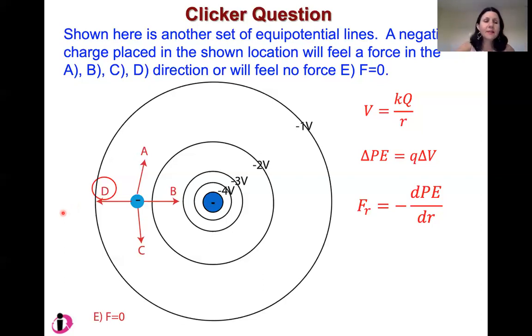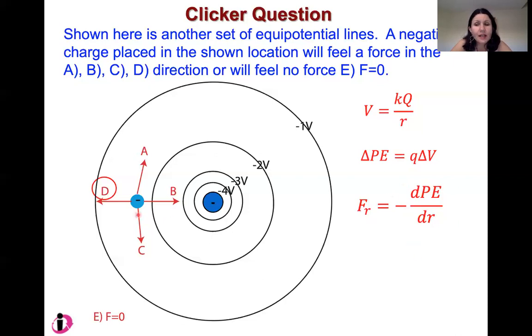Another subtle thing, which I'll discuss a bit more next week, is that forces always have to point perpendicular to these equipotential lines. You can't have any component of the force along the equipotential lines. The idea behind that is that force equals the rate of change of potential energy.